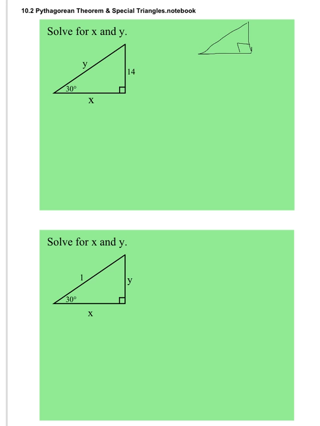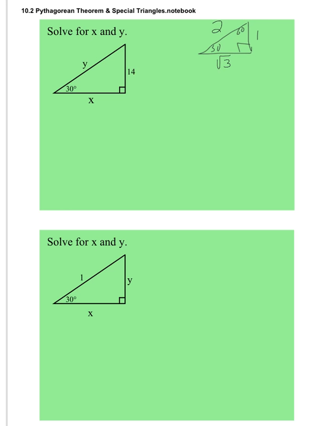I know that the hypotenuse is opposite the 90-degree angle. The side opposite the 30-degree angle is going to be a length of 1. If the side opposite 30 is a length of 1, my hypotenuse is 2, and the side opposite the 60 degree is radical 3.